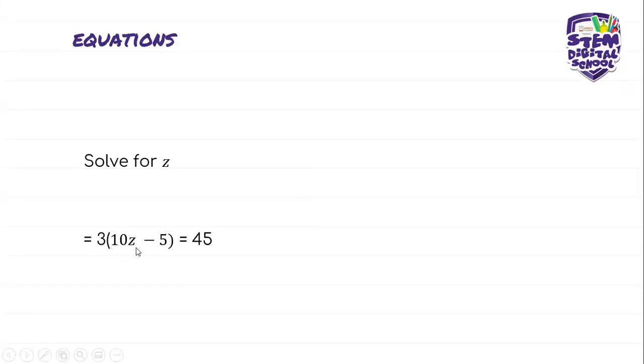So if you break the bracket, obviously 3 times 10 will be 30z. And then remember to also multiply the second one with 3. So 3 times 5 will be 15. Remember, it will be negative 15. But if you transpose it to the right-hand side, it will now be positive 15. So if you add 45 and 15, you will get 60.